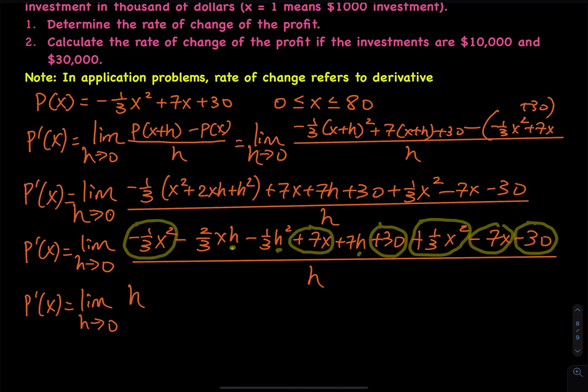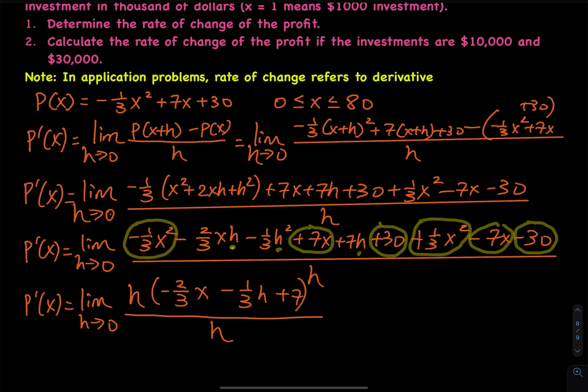We factor one h out, so we have negative 2/3 x minus 1/3 h plus 7, divided by h, and then the next step is we cancel out the h. Now the h is cancelled, so it is safe to plug in h goes to 0. When h goes to 0, we have negative 2/3 x plus 7, and this is my p prime of x.